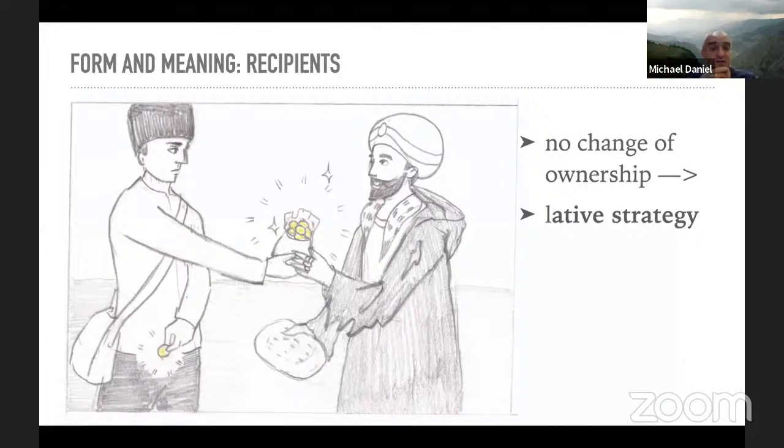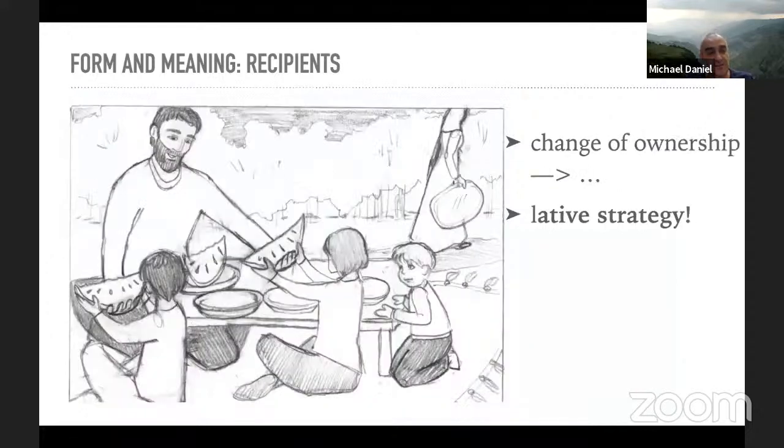In fact, it's not that easy, because if you look at the next example, there's a father distributing pieces of watermelon among his children, and all of a sudden the speaker, describing this picture, used lative strategy instead of dative strategy, and that was quite unexpected for me.